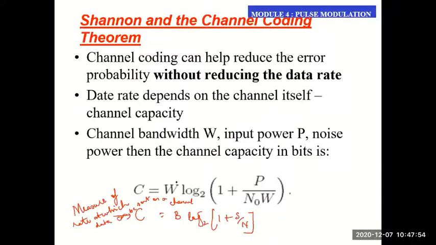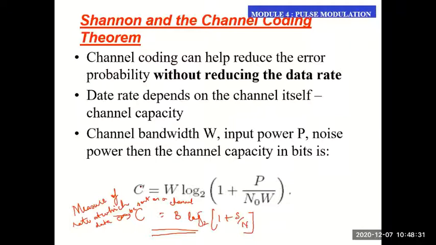Here the bandwidth of the signal is W, the bandwidth allotted to the signal in the channel, and P represents the signal power, N0 into W represents the noise power. So the standard equation given by Shannon is this. This is also called the Shannon-Hartley law, or Shannon's law for sending digital data efficiently on any channel. It is bandwidth log of 1 plus S by N.